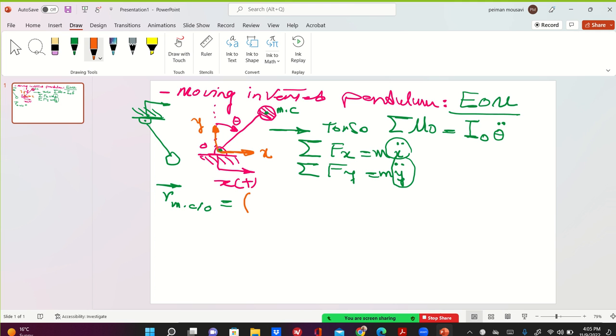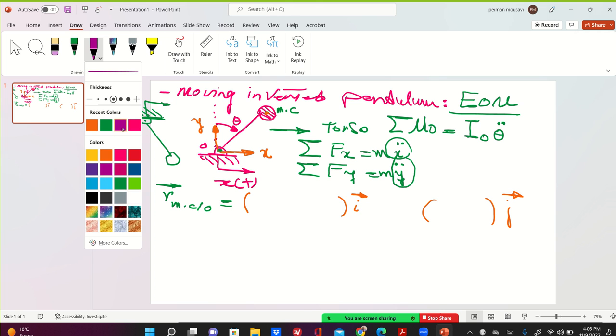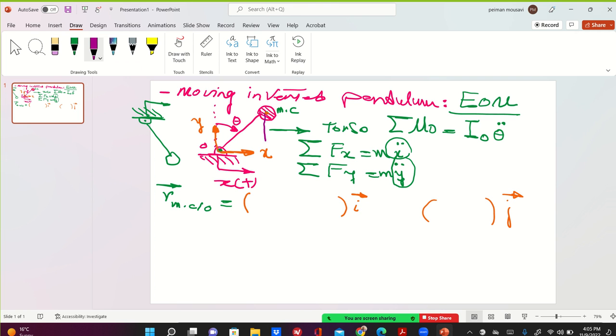So you have I and J. What's the I component of the mass center with respect to the point O? Obviously it's going to be this. Here is L sine theta, here is L cosine theta. Yes or no?